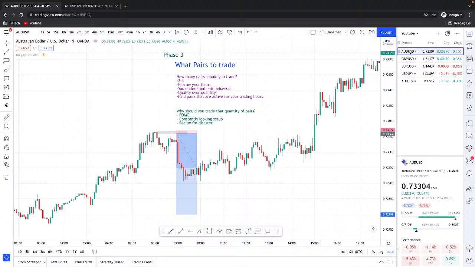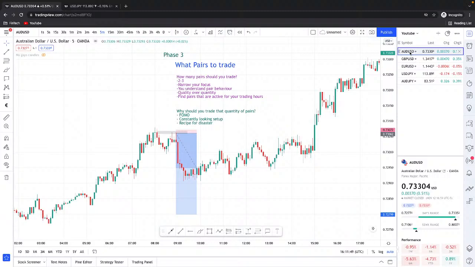Let me know which pairs you guys trade and how many pairs you trade, or just see the setups, right? You can put it in the chat, and if you have any questions, keep asking there in the chat, and I will go through every single question in the end, one by one, right?